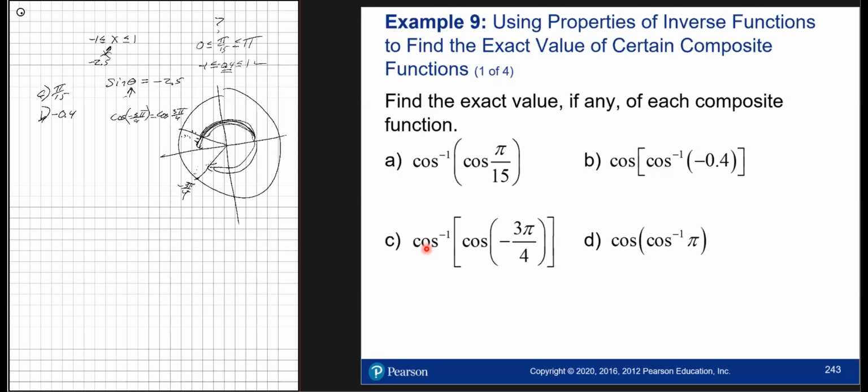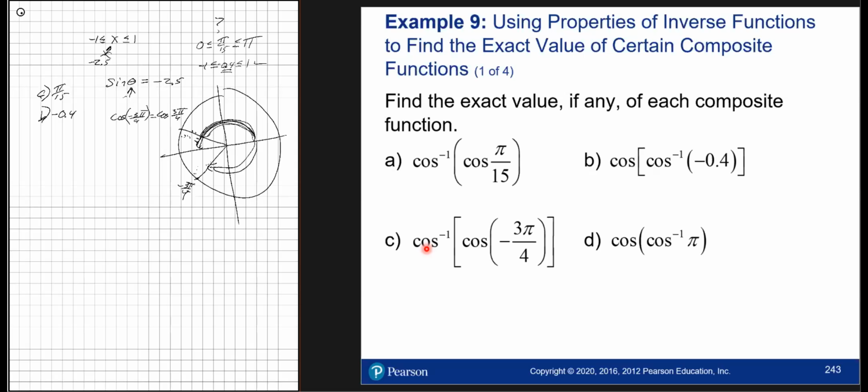So we do the cosine inverse of 1 over 8. And there we have it. Punch it into the calculator: second cosine, 1 divided by 8, close parentheses, enter.